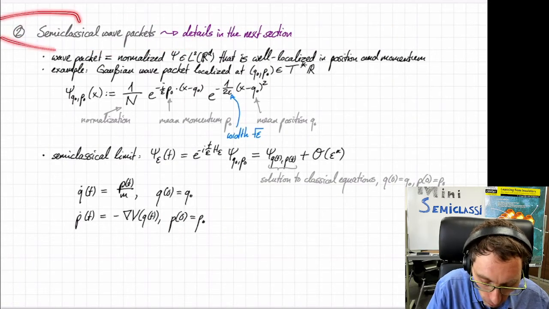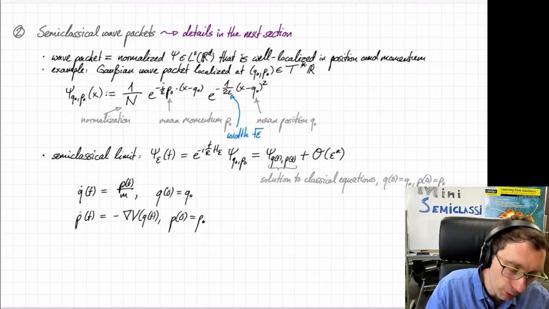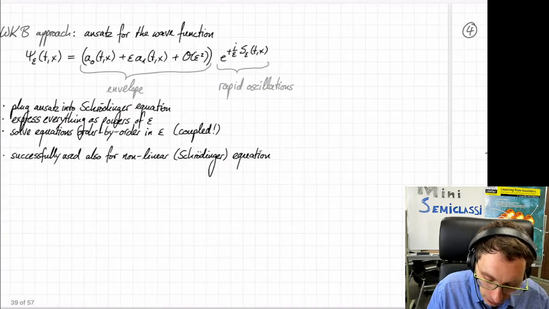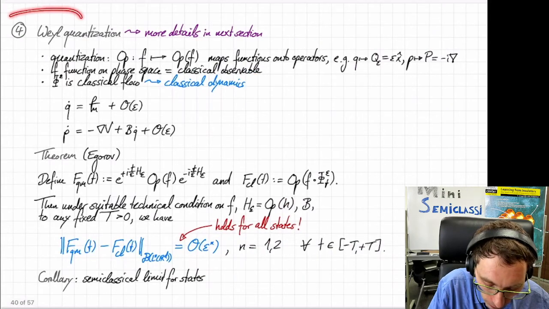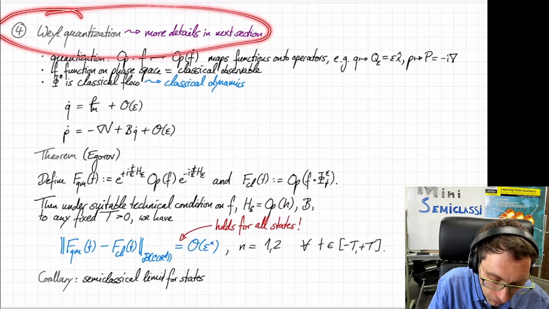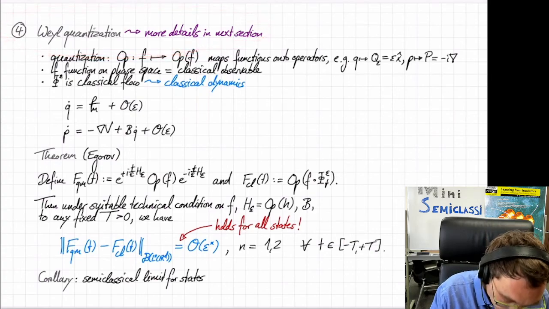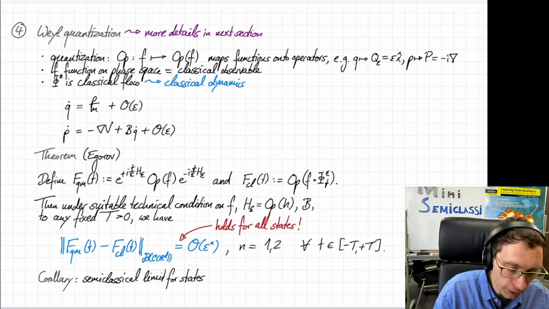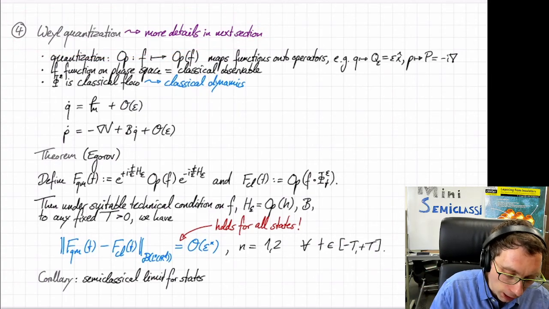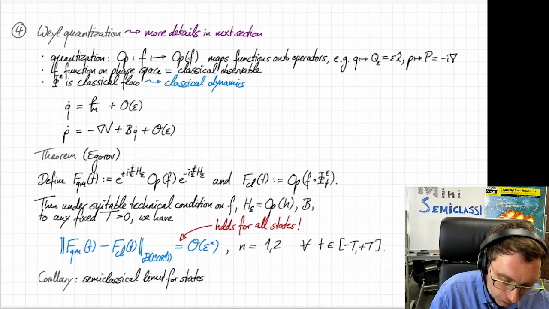So in the physics community, the wave packet approach is the most common, and I think by now, in the mathematical physics community, Weyl quantization has proven to be the standard tool, and that's why I will only give details of these two approaches.